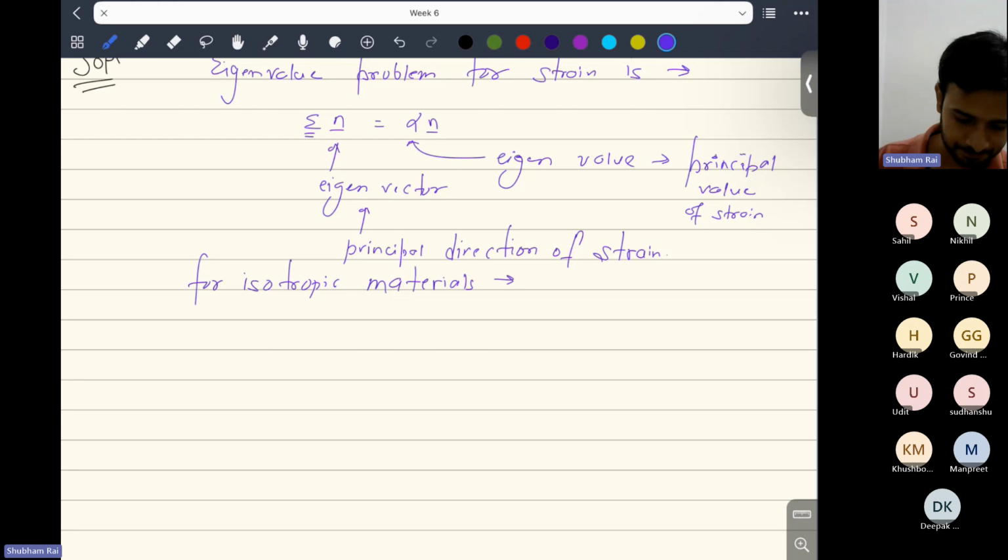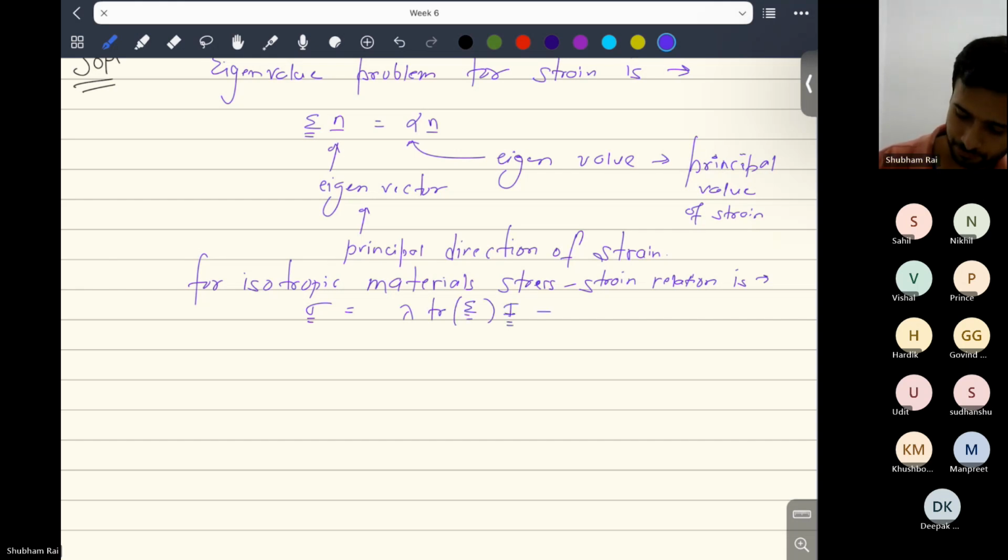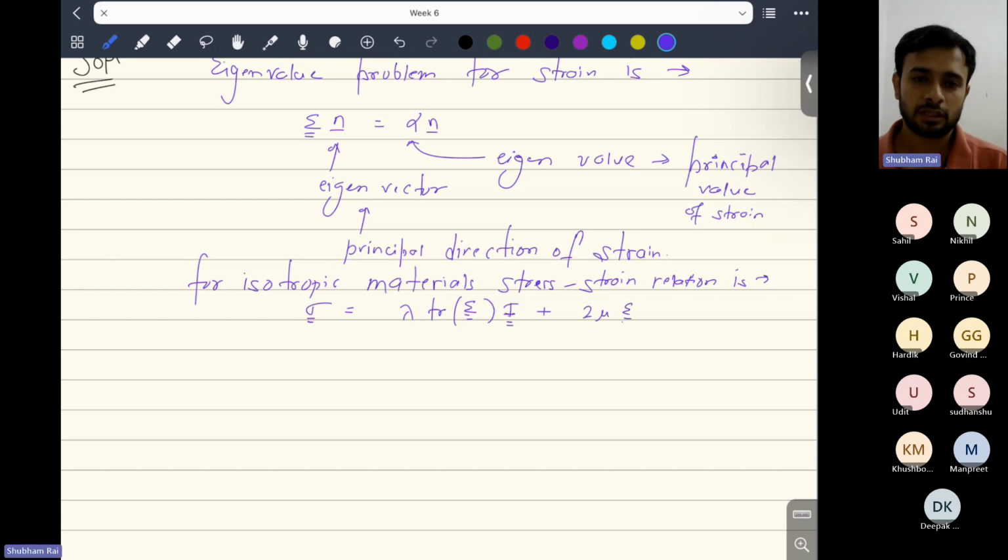So sigma is equal to, for isotropic materials, the stress strain relation is sigma is equal to lambda times trace of strain tensor times identity matrix plus 2 mu times strain tensor.